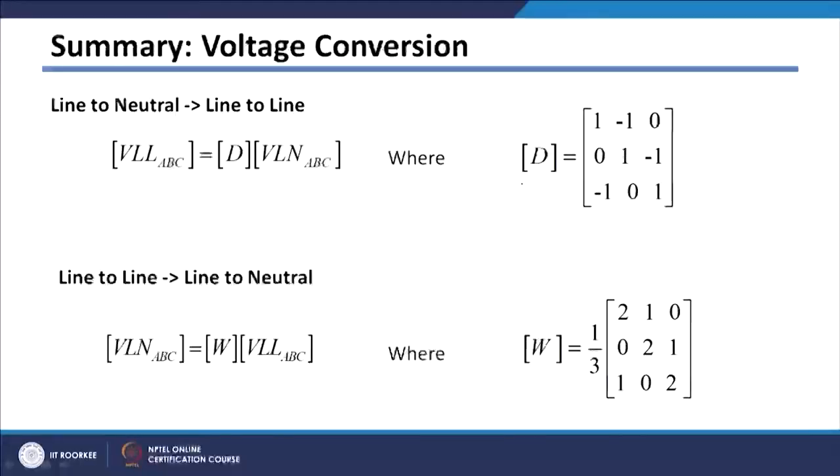In summary, we have this D matrix and this W matrix, which are basically used for voltage conversions. In case of conversion of line to neutral to line voltages, the D matrix will be helpful. When converting line to line voltages to line to neutral voltages, your W matrix will be helpful. And as I told you, whenever we are getting D inverse matrix, we need to use the W matrix, even though the inverse is non-existing. So, whenever an expression has D inverse, we need to replace it by W.